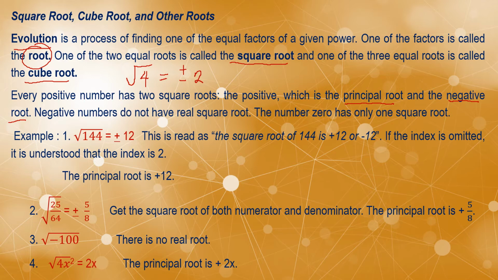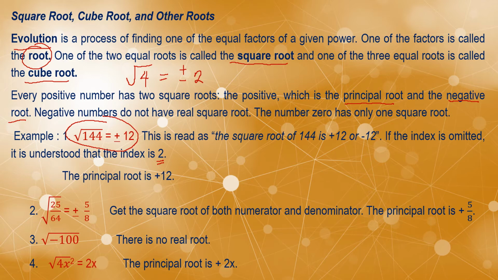Square root of 144 is equal to positive and negative 12. So this is read as the square root of 144 is positive 12 or negative 12. If the index is omitted, it is understood that the index is 2.